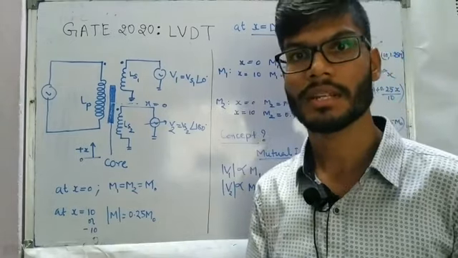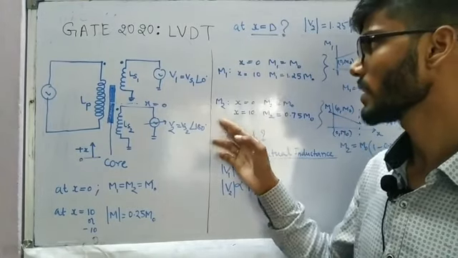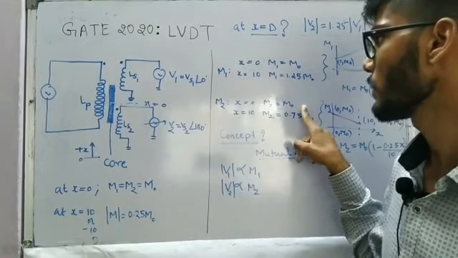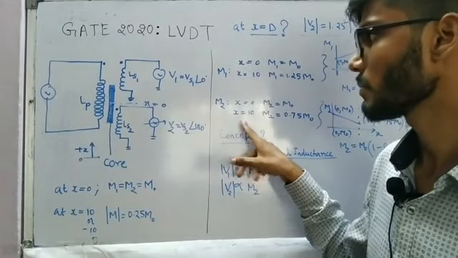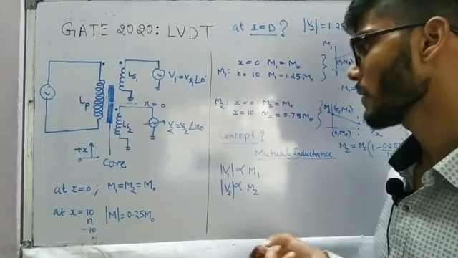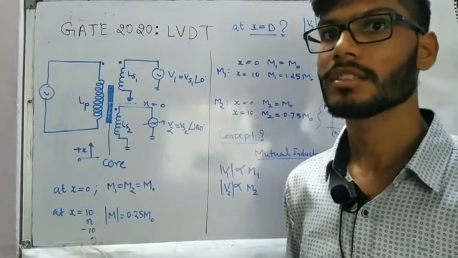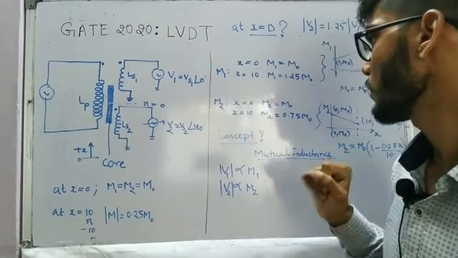Initially M0 plus 0.25 M0 becomes 1.25 M0. Whereas M2 at this position is M0, and with displacement plus x, M2 is going to decrease, so it becomes 0.75 M0, because again the change is 0.25 M0: M0 minus 0.25 M0 becomes 0.75 M0.